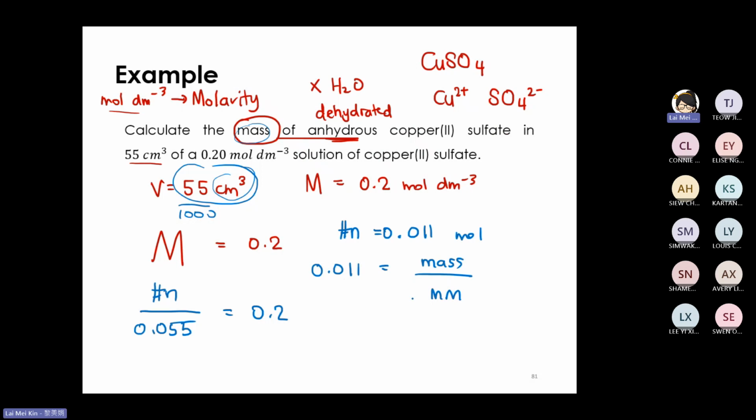So molar mass of copper 2 sulfate. This is the formula. Copper 63.55, sulfur 32.07, and then 4 oxygen.